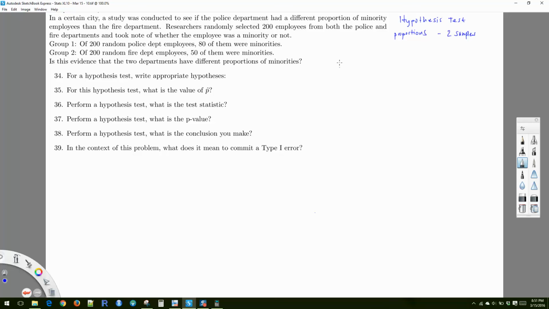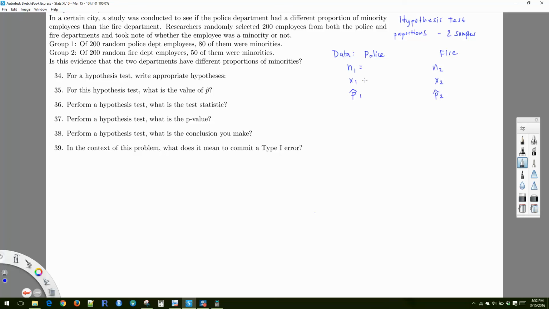Okay, let's go ahead and list off our data. We have the police and we have the fire department, and we're going to have N1, X1, and P hat 1, N2, X2, and P hat 2.